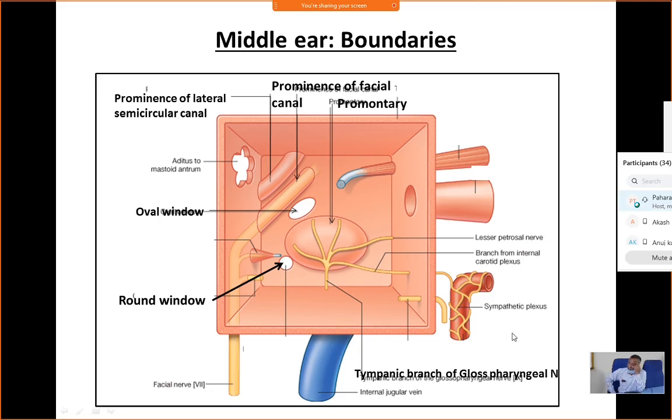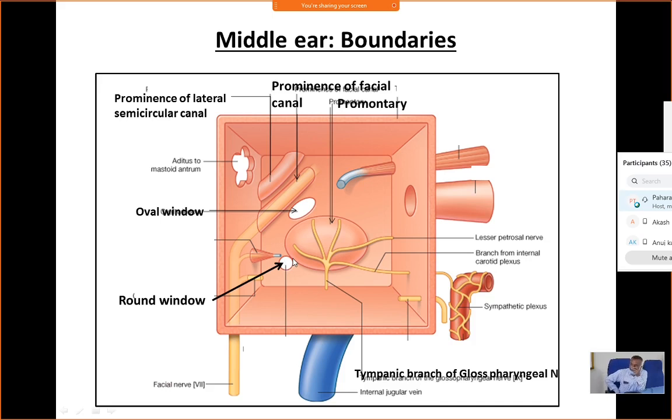The promontory is due to the prominence of the cochlea, that is why it is called the cochlear eminence. Supero-posterior to the promontory, there is an oval opening called the oval window. Then posterior-inferior to the promontory, there is one round opening called the round window.